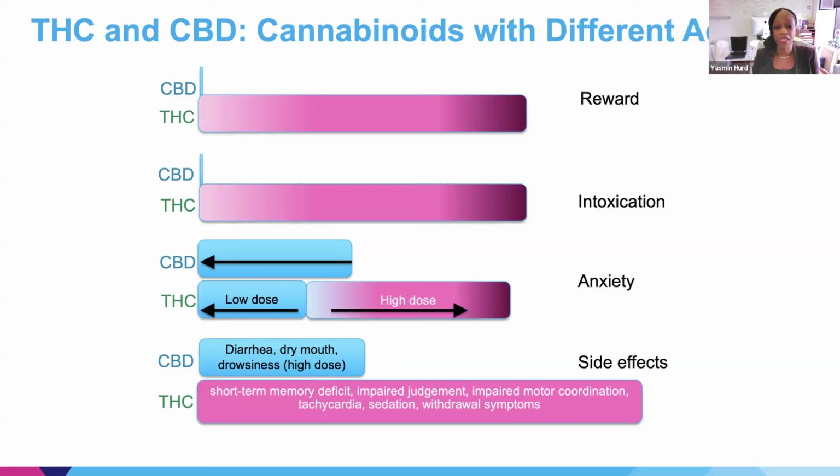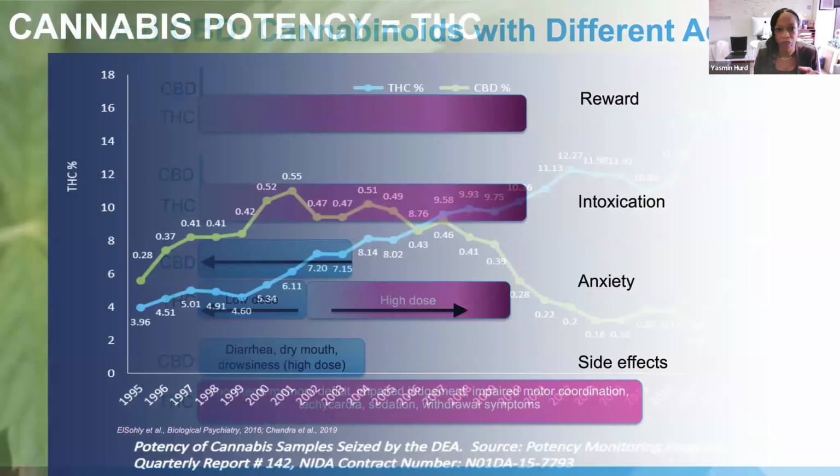Those are the side effects of THC. CBD has not been shown to have that many side effects in terms of effects on cognition and motor function. Instead, you see more GI issues, especially at high dose, and drowsiness.